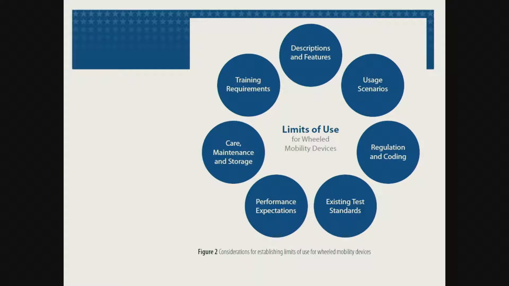Those can certainly be limits for some people. The training requirements: how do you teach people how to use it? All of these different aspects of limits help us identify where we can do further testing to define abilities and limits of our devices, and then allow us to determine ways that we can mitigate those limits so that we can use the devices in scenarios that are safe.